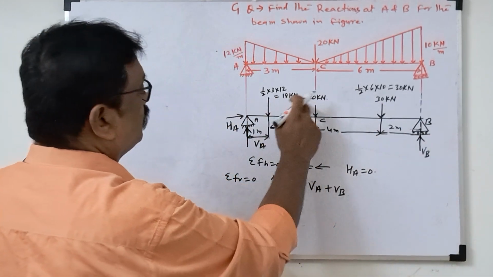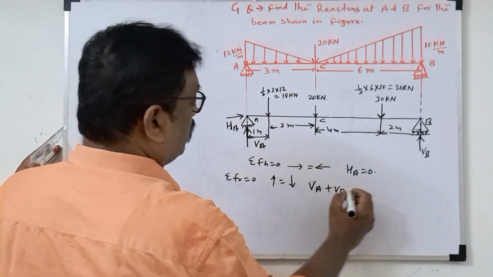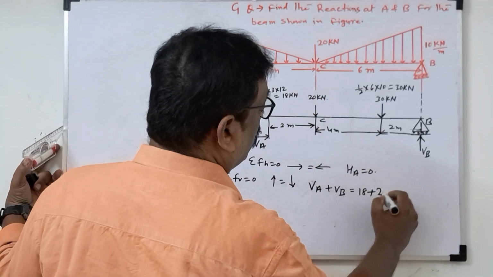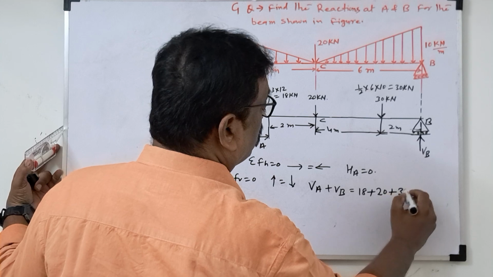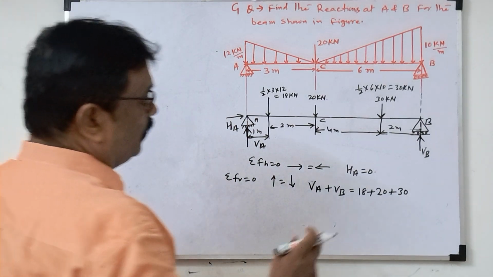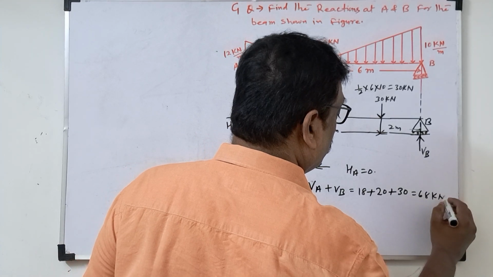Now downward force 18 plus this point load 20 plus 30. So this is the second equation. How much is coming? 68 kilonewton.